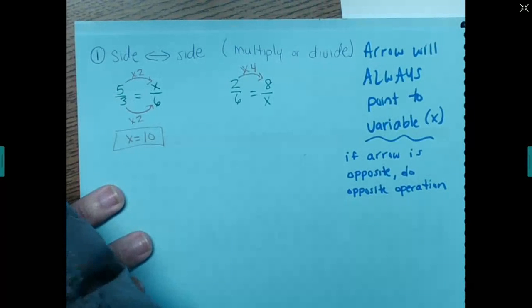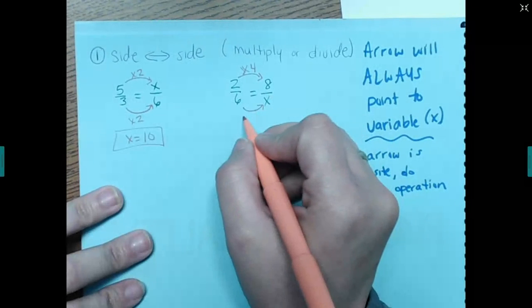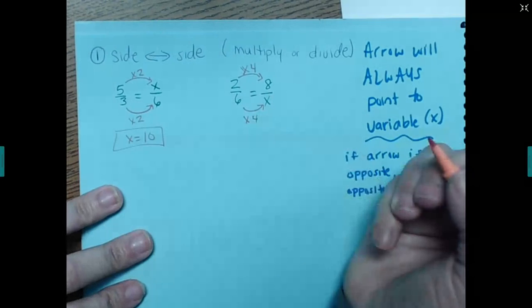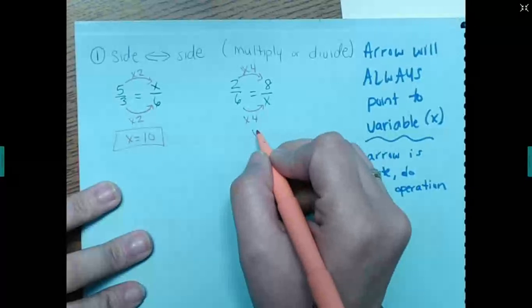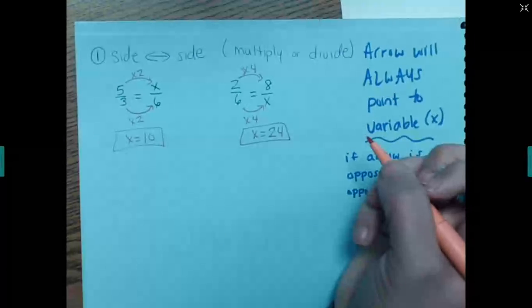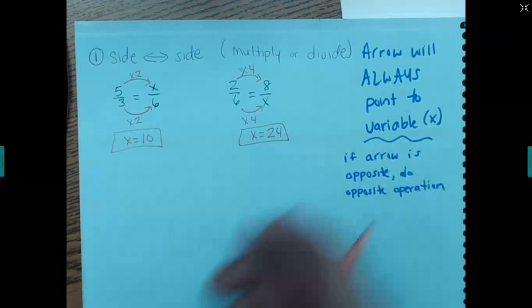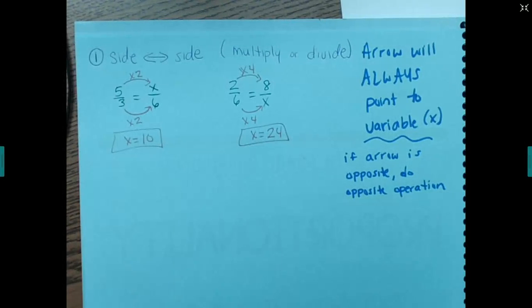Now on the bottom, my arrow is still pointing to the x, same direction, so I'm doing the same operation, which is times 4. So x is 24. So far, pretty easy, right? I don't know, because I don't see anyone's face to nod at me or to give me a thumbs up or anything.